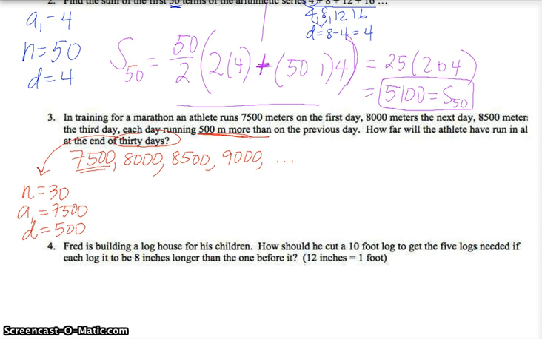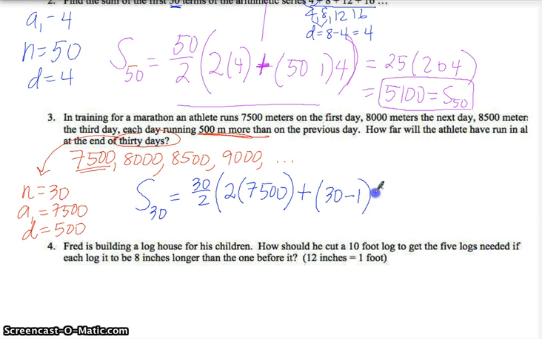So S sub 30 equals 30 divided by 2 times 2 times our first term, which is 7,500, plus n, which is 30 minus 1, times our common difference.